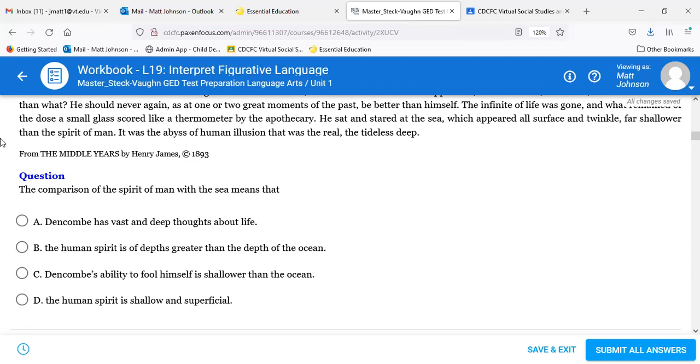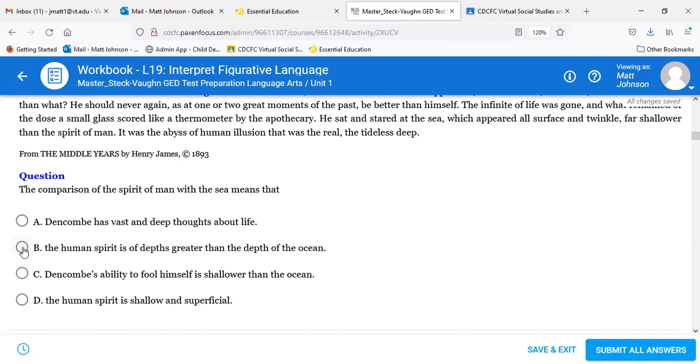B, the human spirit is of depth greater than the depth of the ocean. C, Dencombe's ability to fool himself is shallower than the ocean. And D, the human spirit is shallow and superficial. B. Yeah, B is right, right?